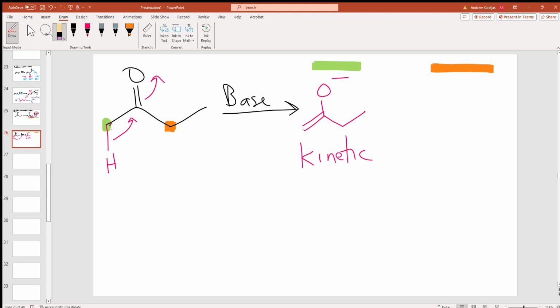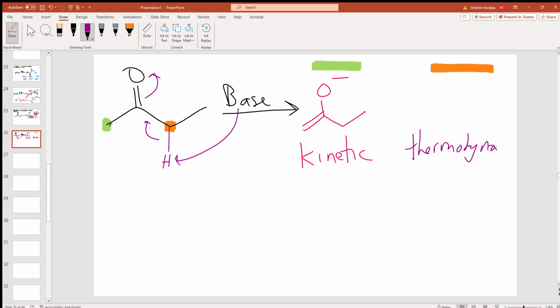However, if we remove a hydrogen at the more substituted carbon, our mechanism will look exactly the same, just using a different hydrogen, but we produce what's known as the thermodynamic enolate.